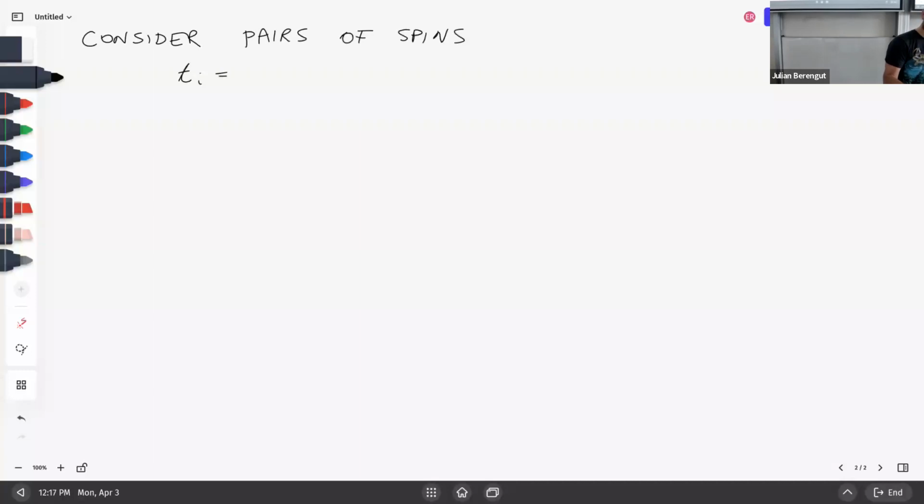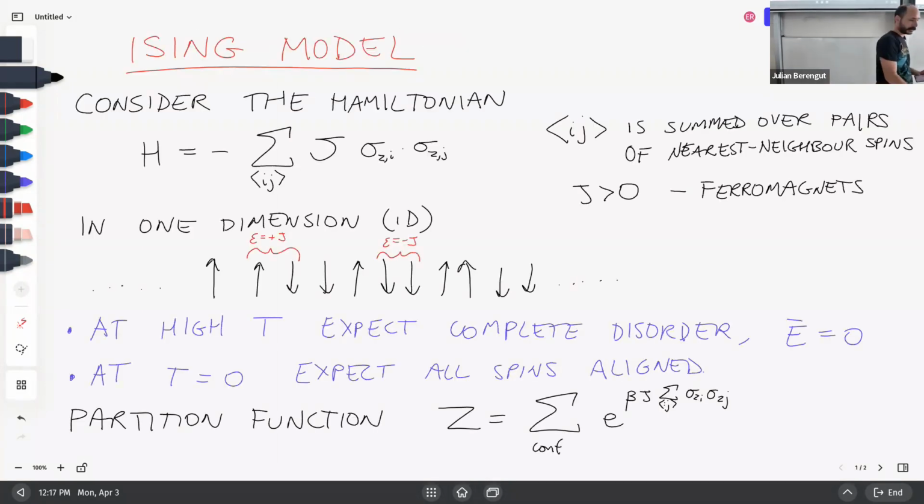It'll be sigma z i, sigma z i plus 1, and that's either going to be plus or minus 1 for every pair. And so it's just the left and the right neighbor. So that is nearest neighbor.